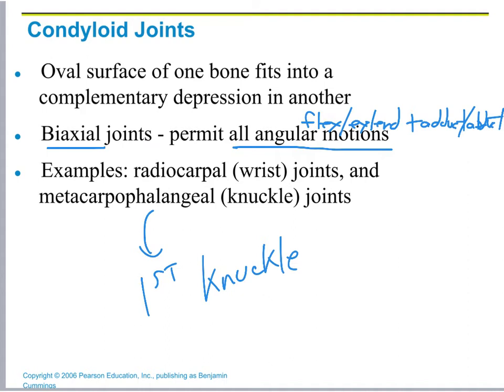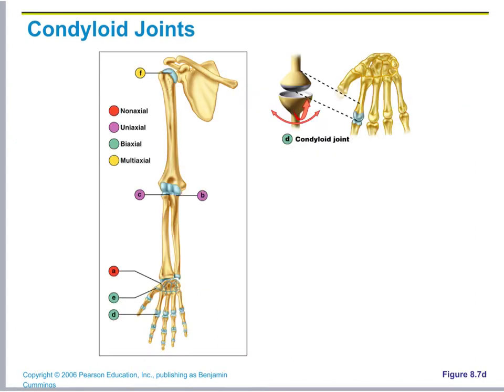And then the other place you find this joint is in the wrist between the radius and the carpals. Again, with your wrist, you can wag it side to side as if waving to someone, or up and down. That's considered biaxial movement.